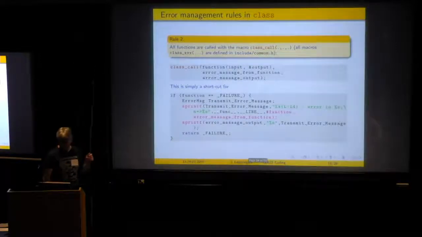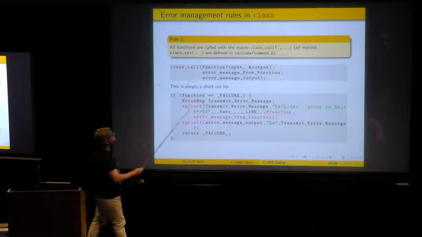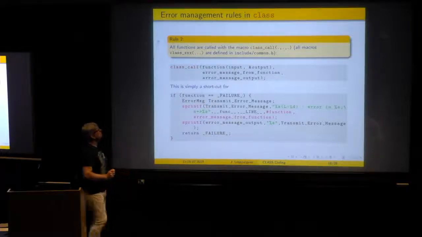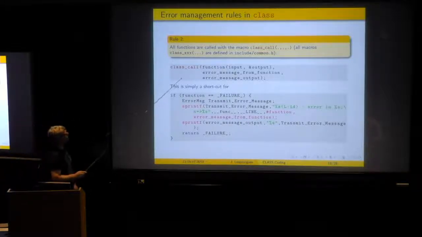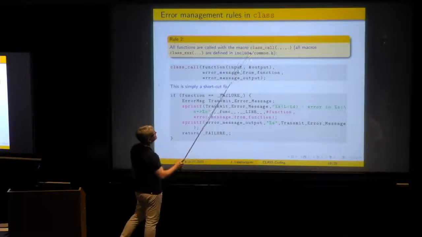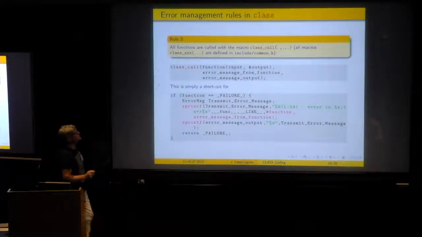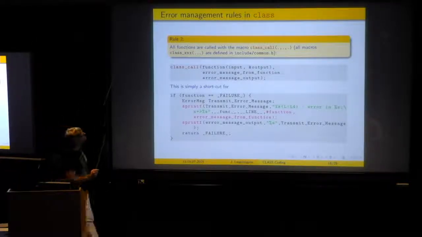Rule 2. You don't call directly a function. You don't say function of input-output. You call the functions within a macro. And the most important macro is class call. I told you all our macro start with class. And class call is just the simplest way to call a function respecting the style of class.